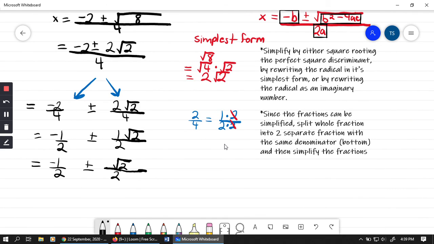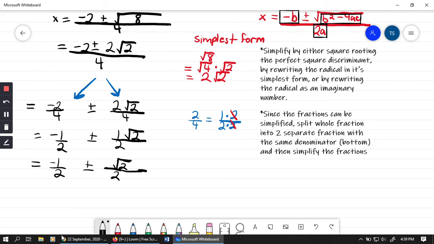You could either write it like this, as 2 separate fractions. I told you that you should split it into 2 separate fractions, but I wanted to show you that there will be some problems where the answer will be split into 2 separate fractions.